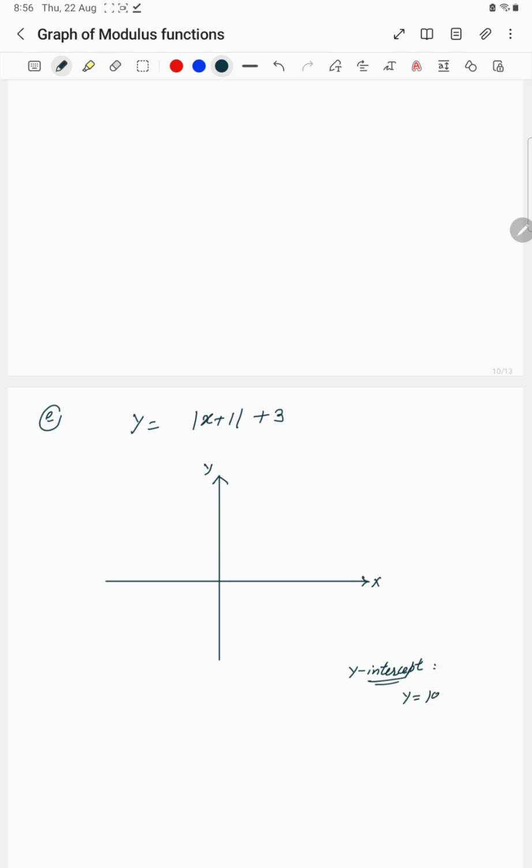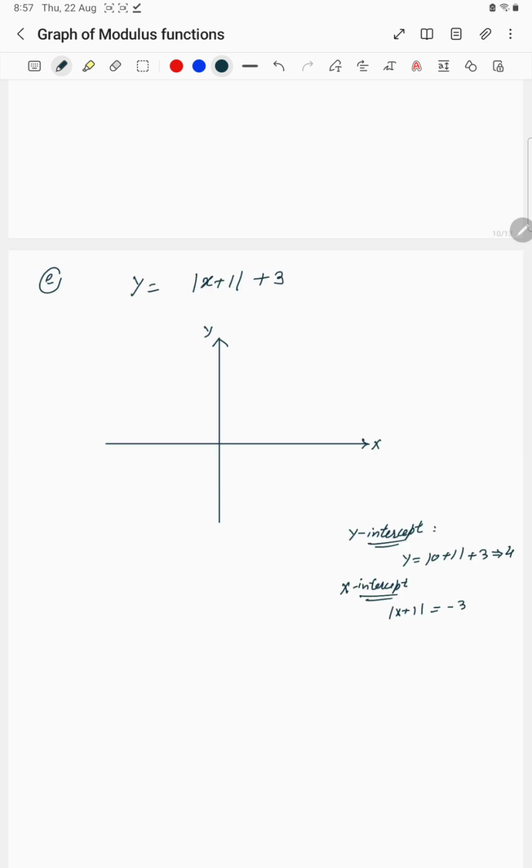So y equals modulus of 0 plus 1, plus 3. That gives me 4. And the x-intercept: y is 0. We can say x plus 1 equals minus 3. Here, this plus 1 within the function states it is going to translate along the negative x-axis by 1, because once you put x plus 1 equal to 0, x comes to minus 1.